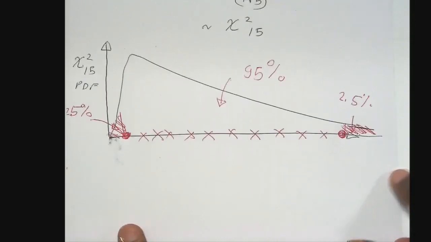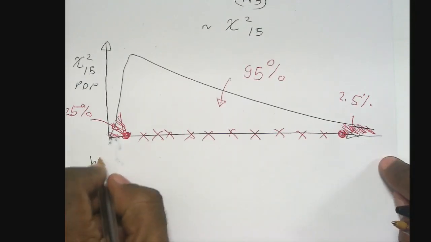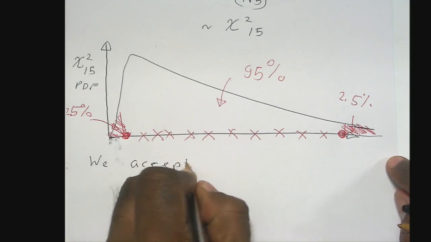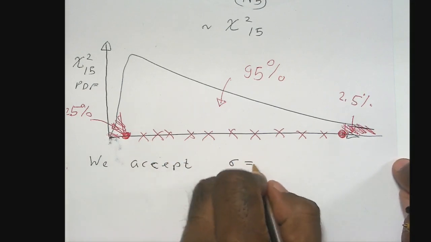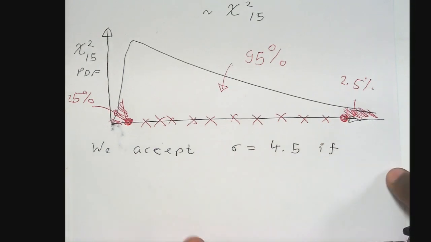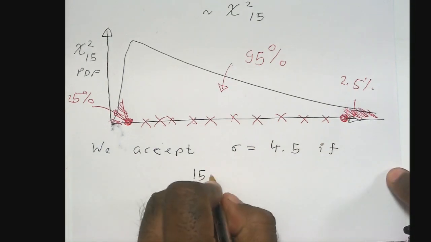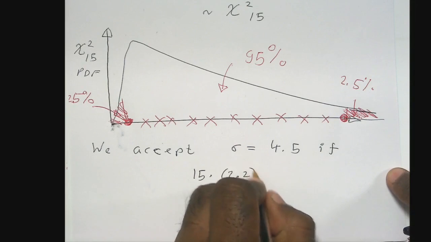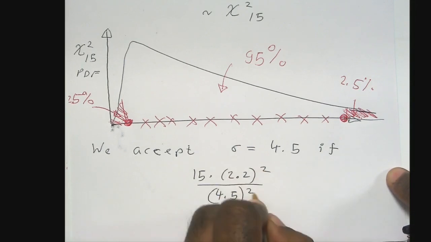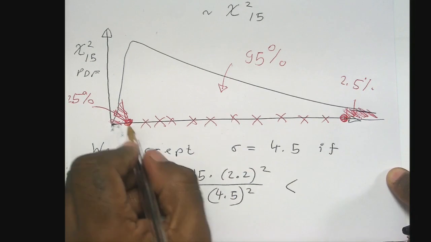So the answer to the question is the following. We accept the null hypothesis that sigma is equal to 4.5 if the number falls between this point and this point.